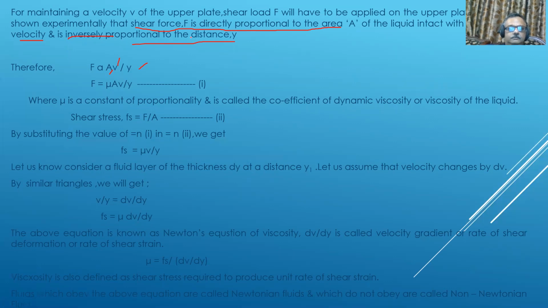Shear stress is equal to F over A, that is shear force divided by area. Okay, so by substituting the value of equation 1 in equation 2, we get shear stress is equal to mu V divided by Y.